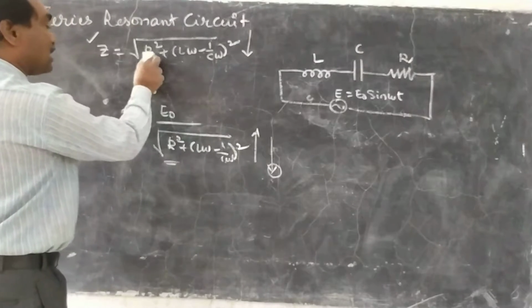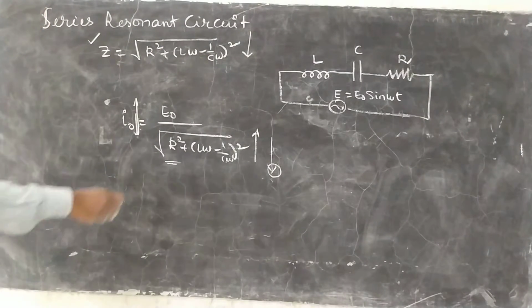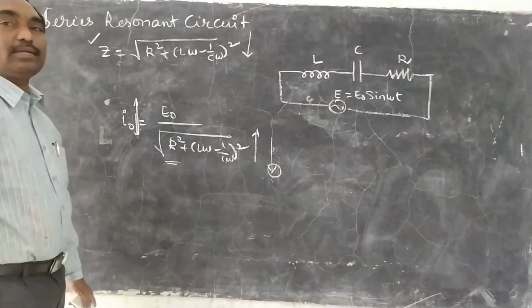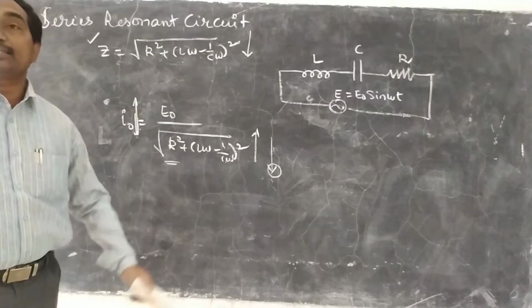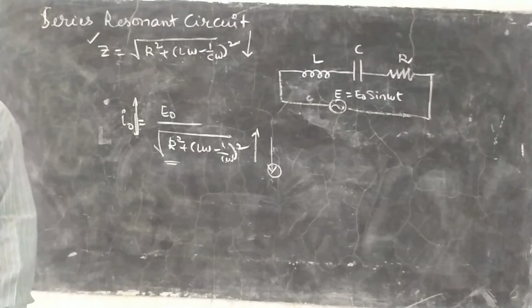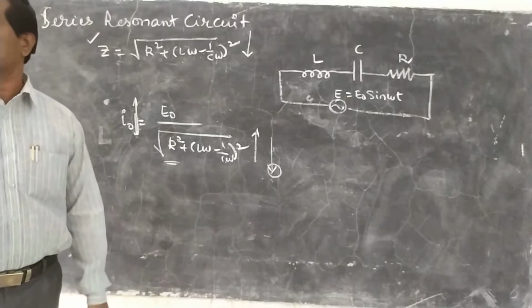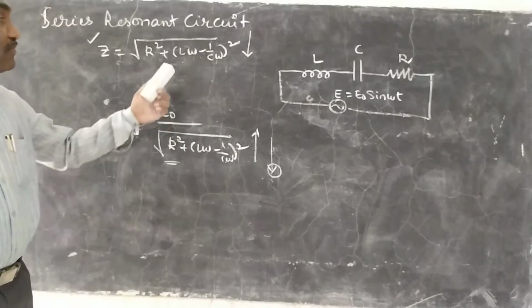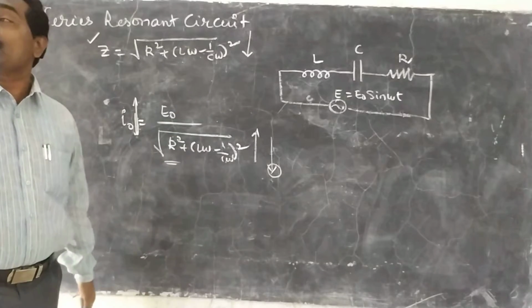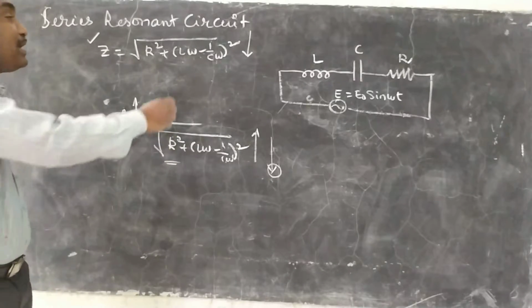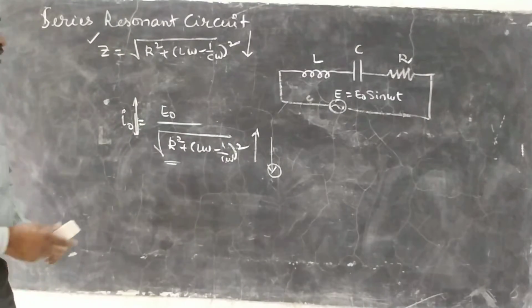R is the resistance in the circuit. L omega is the inductive reactance, and 1 by omega C is the capacitive reactance. R does not change, only changes with temperature. But inductive reactance and capacitive reactance change with frequency, because omega is related to the frequency.